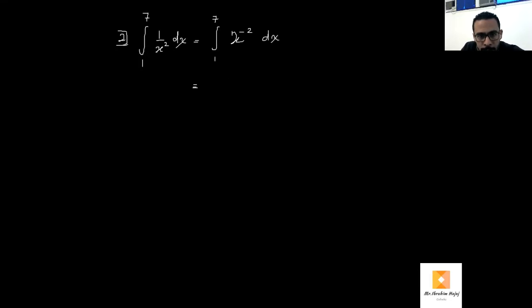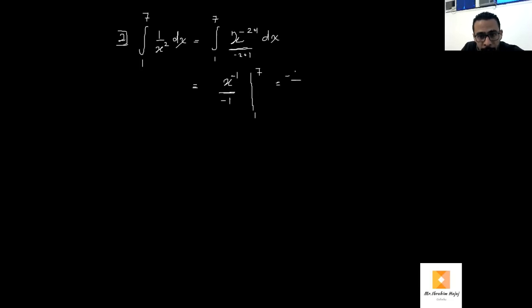Integrate first: add 1 to the exponent and divide by the new exponent. When we add 1 to negative 2 it becomes negative 1, all over negative 1, evaluated from 1 to 7.